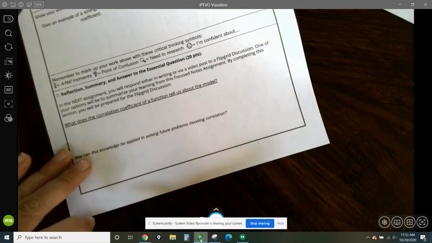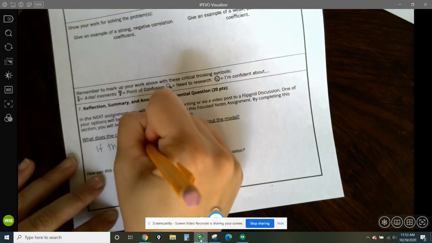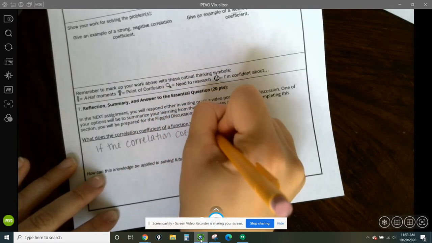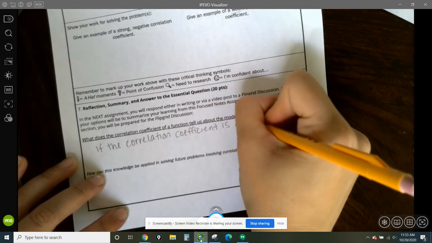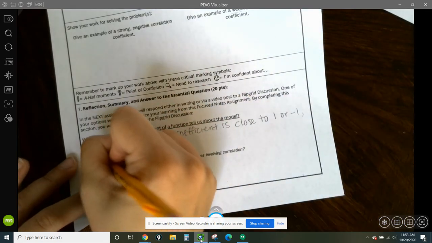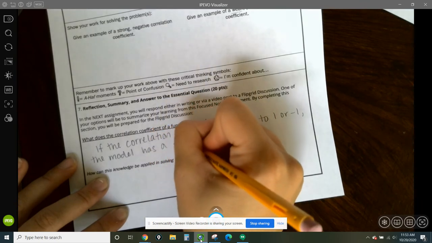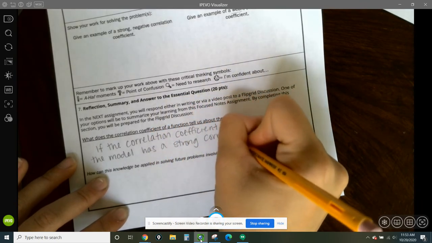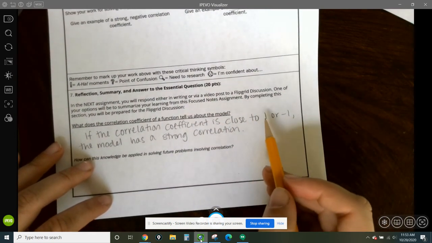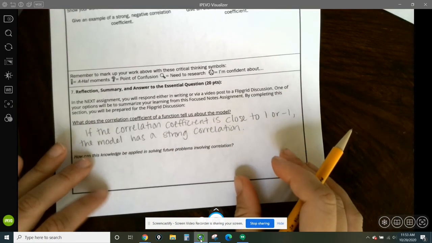What I would probably say is if the correlation coefficient is close to 1 or negative 1, the model has a strong correlation. That's how I would summarize it. If you have a number that's close to 1 or -1, the model has a strong correlation. If not, it has a weak correlation.